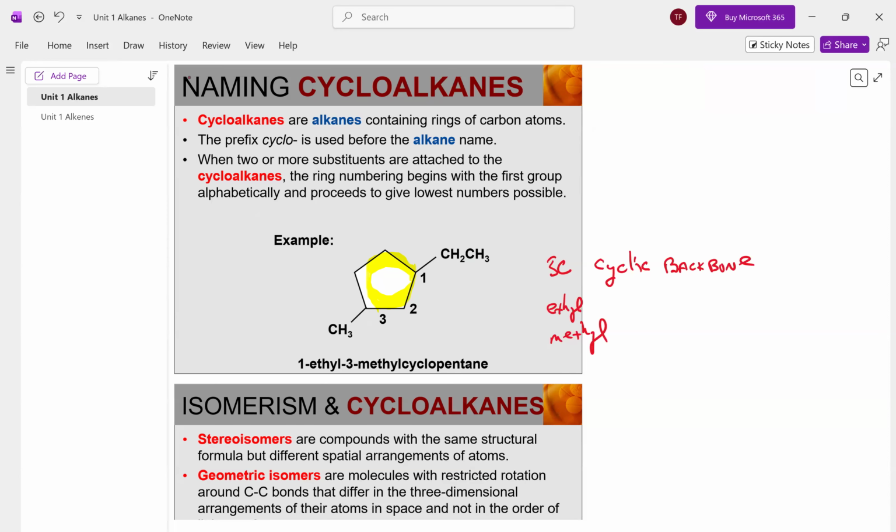Whichever one gives you the lower number branching. Okay, so this is going to be 1 ethyl. 1, 2, 3, 4. Methyl.